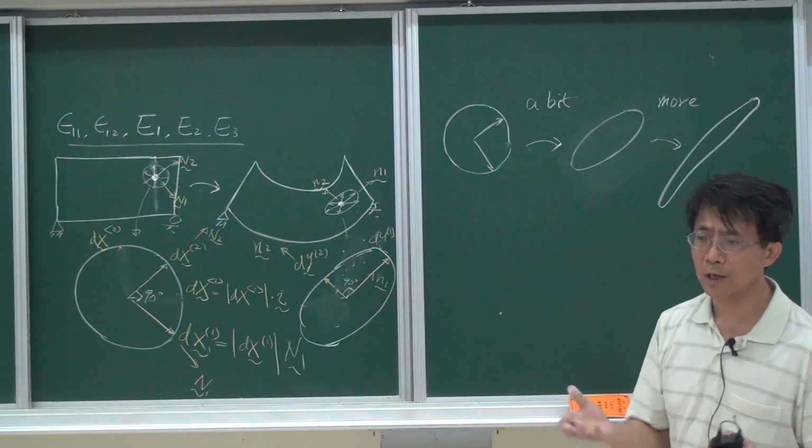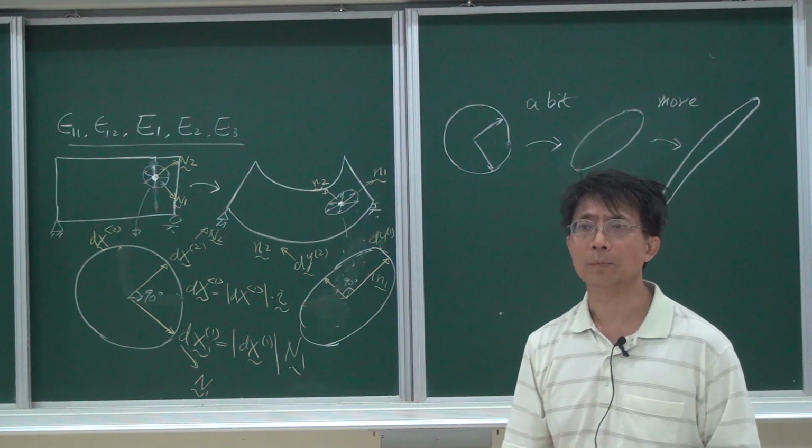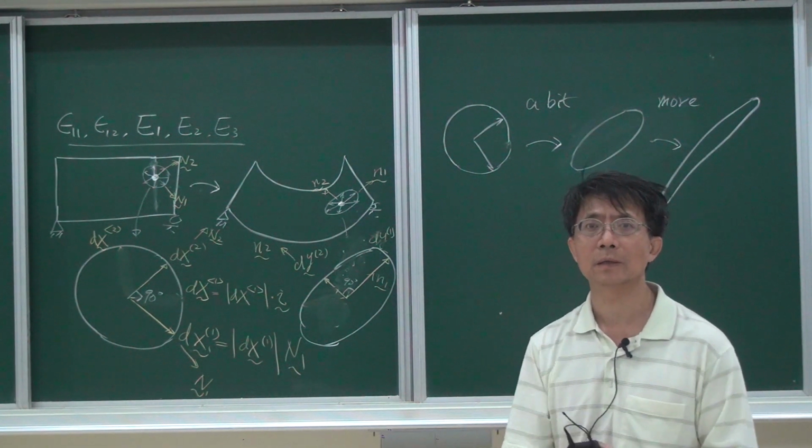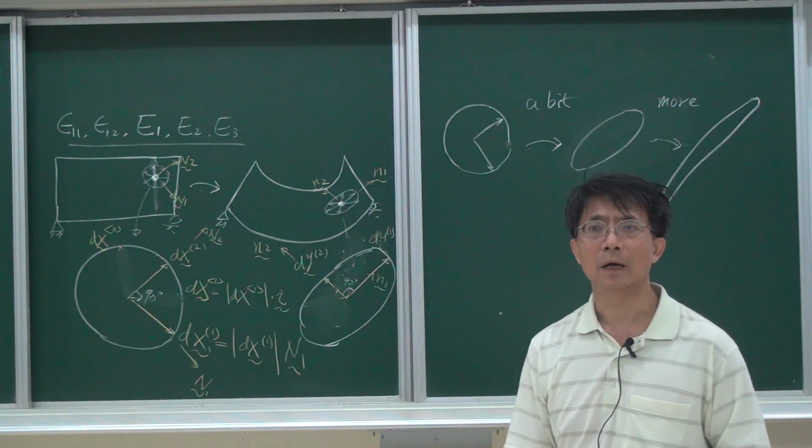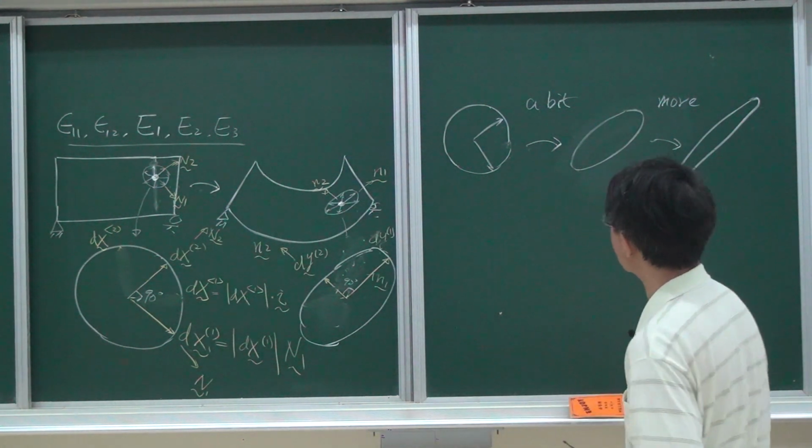So the shear will be represented by the difference between the lengths along the principal axes. Let me show you.